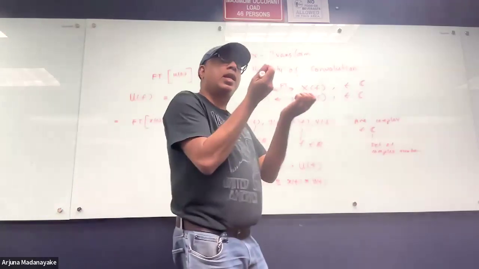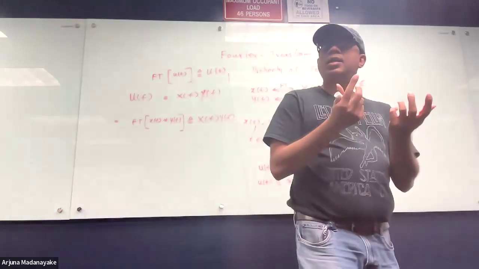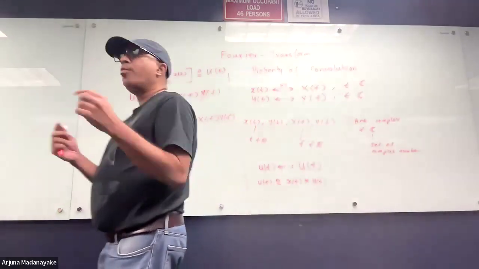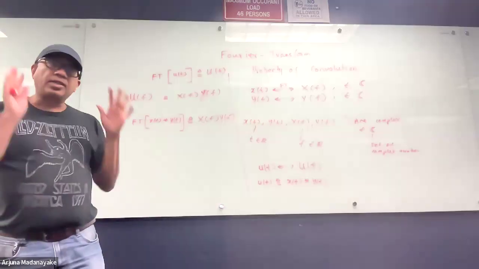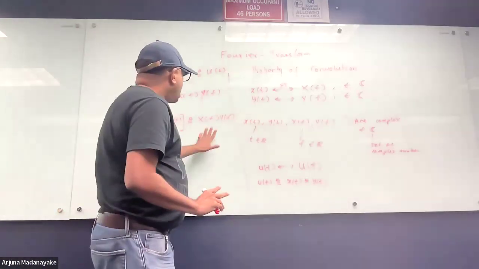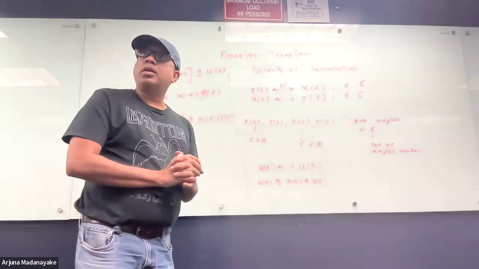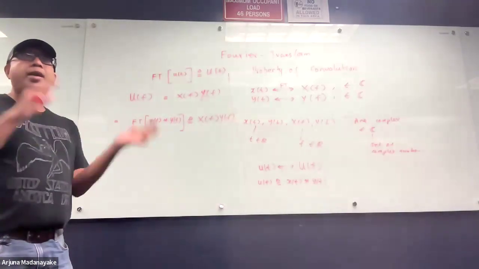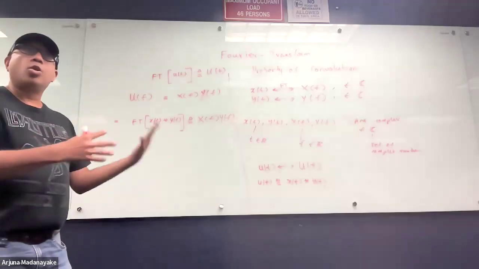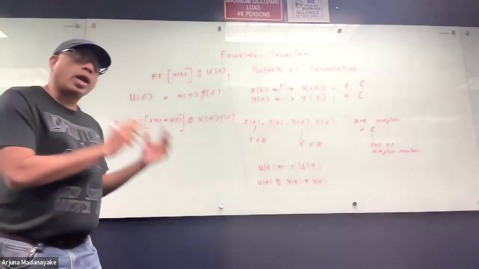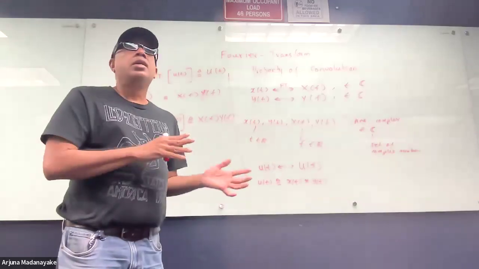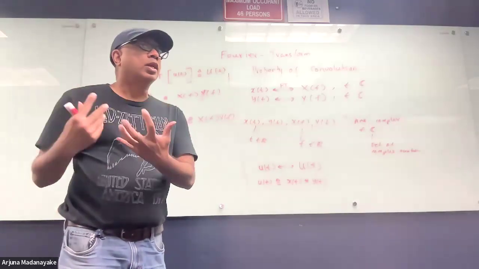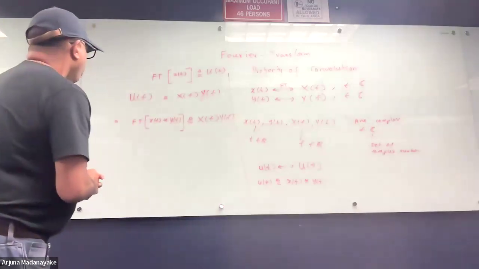If you have two things in a box, in a circuit that's implementing time domain convolution, it is at the same time described by multiplication in the frequency domain description. Same operation, just the way you look at it. When you look at it in the time domain, that operation looks like convolution. But when you look at that behavior in the frequency domain, it appears like it's multiplying two things together. Okay. So we'll prove this.